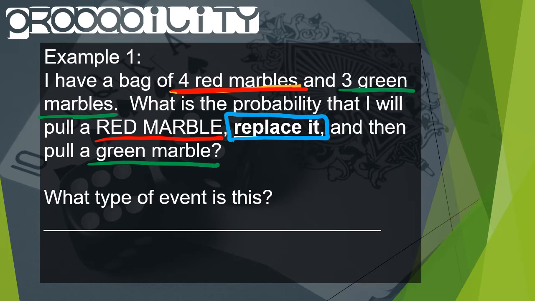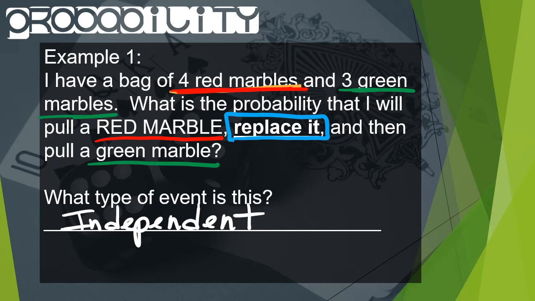What type of event is this, dependent or independent? Anytime I'm replacing it, this is called an independent event. The first selection, me picking a red marble, has no effect on the green marble.